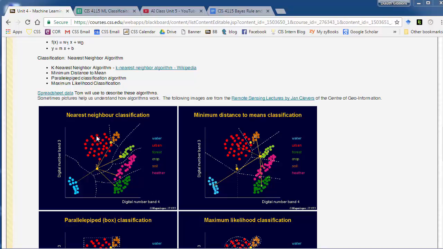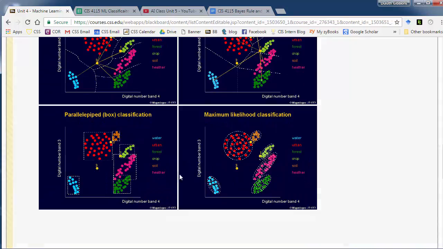So rather than having to do 1,000 calculations or comparisons if we have 1,000 data points, here we just have to do one comparison for each category. Now we have to do some work ahead of time to calculate all these averages, but then as we get new data points, the comparison is faster. That's called minimum distance to the mean, the average classification method.